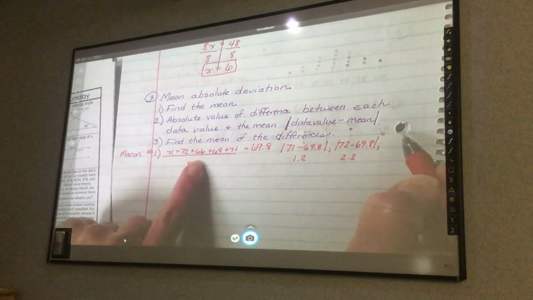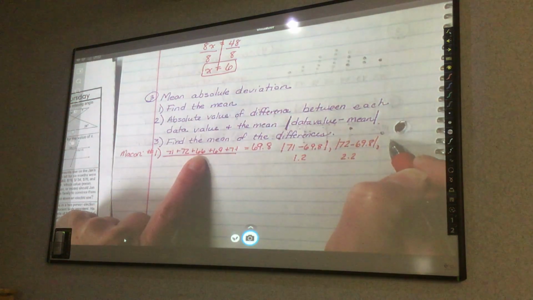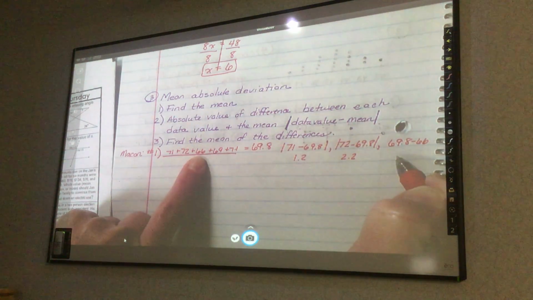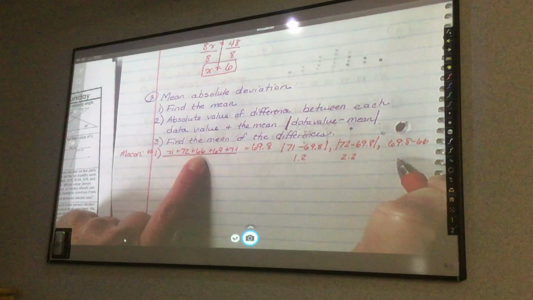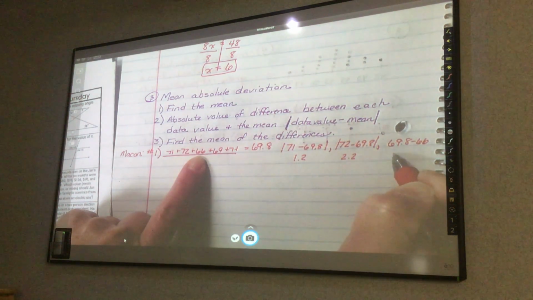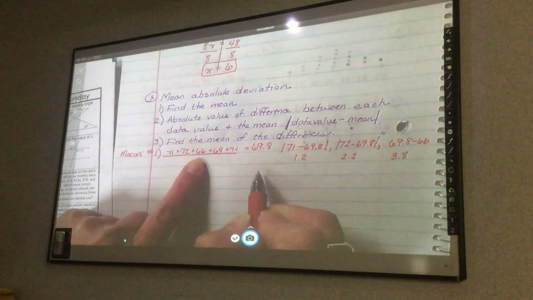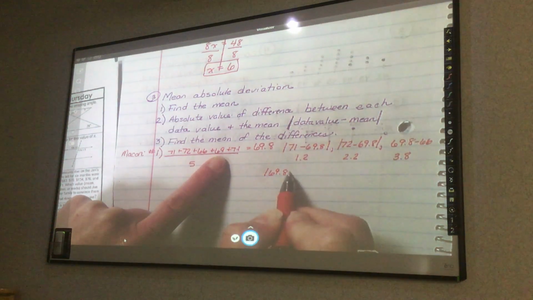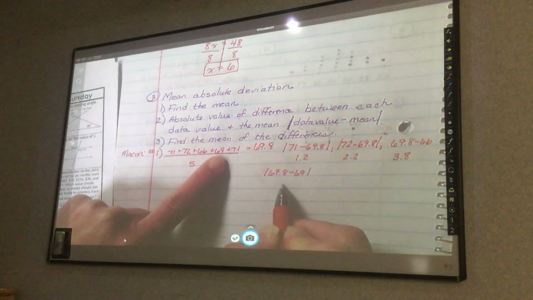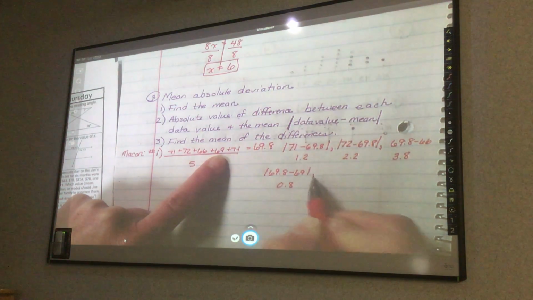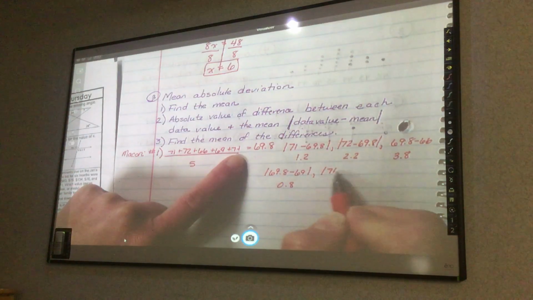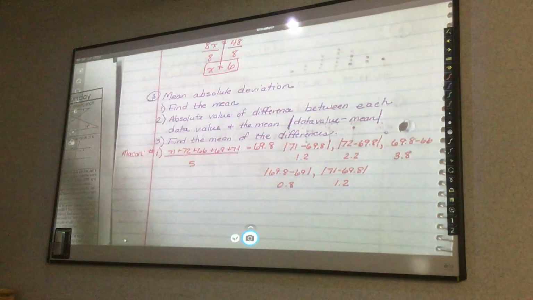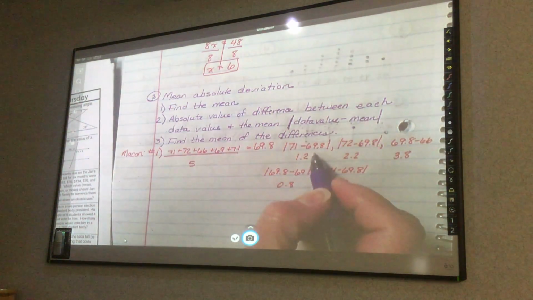Then I do, here's 66, so then I just start with the 69.8 minus 66, and I get 3.8. Then I do 69.8 minus my 69, and I get 0.8. Then I do 71 minus 69.8, and I already did that, so that's 1.2. So those are all my differences.